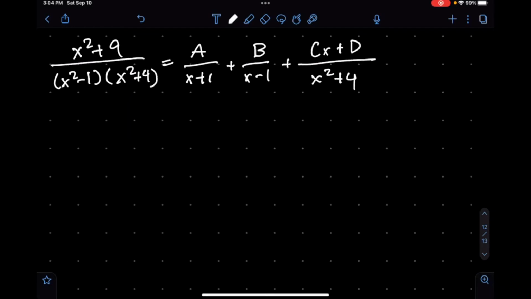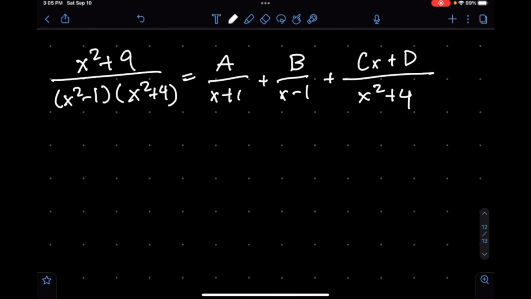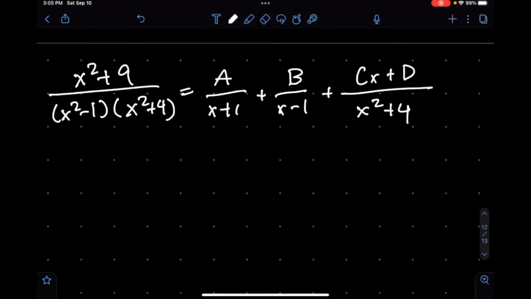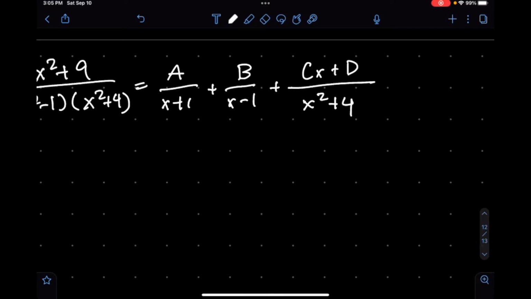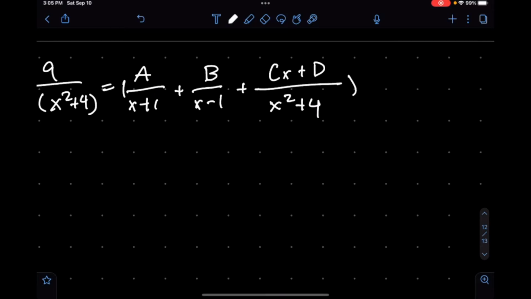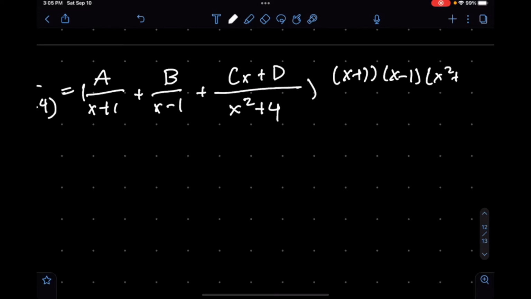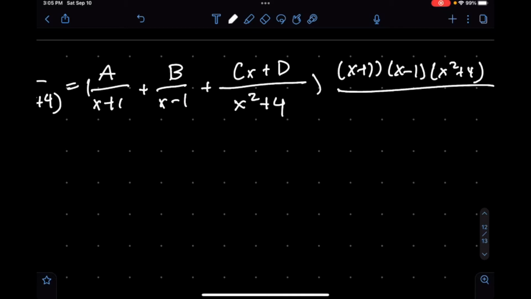And now the process is very, very similar to what we did with a power 2 polynomial. We can multiply each of these sides by what they're missing. So we can multiply it by x plus 1, x minus 1, x squared plus 4, all over x plus 1. Obviously, it's going to be different for each of them.